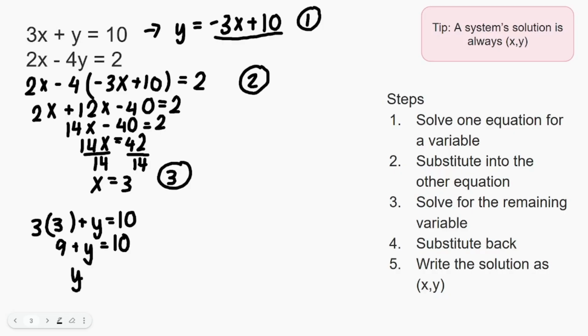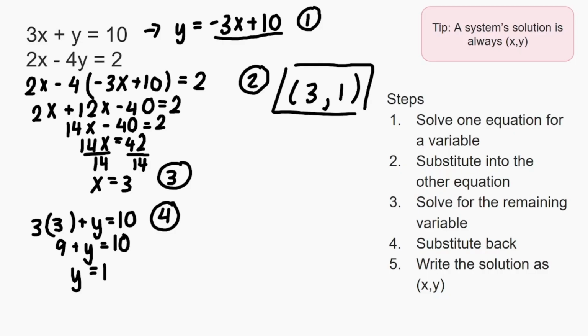So we know y equals 1. And with that, this is our fourth step right here. And our fifth step is to write the solution as (x, y). The solution is going to be x equals 3 and y equals 1. So our solution is (3, 1). To check the answer, we can plug in (3, 1) into both of these equations and it should work.